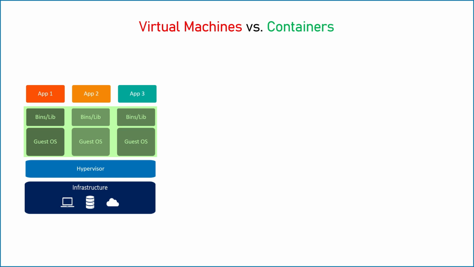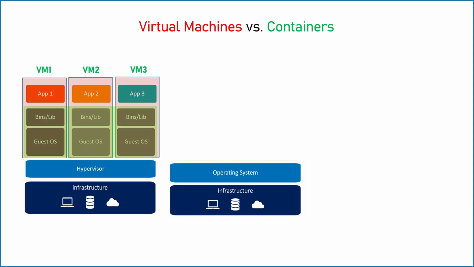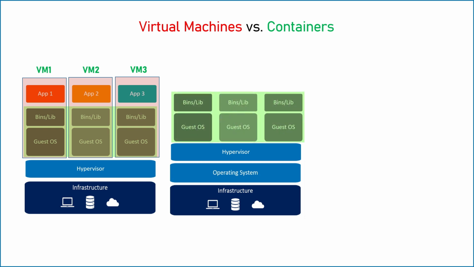Apart from that, we have a second type of hypervisor as well, where we first install the operating system on top of our infrastructure hardware, for example servers and hosts. Once the operating system is installed, on top of it we install the hypervisor software, and on top of that we create the different virtual machines.